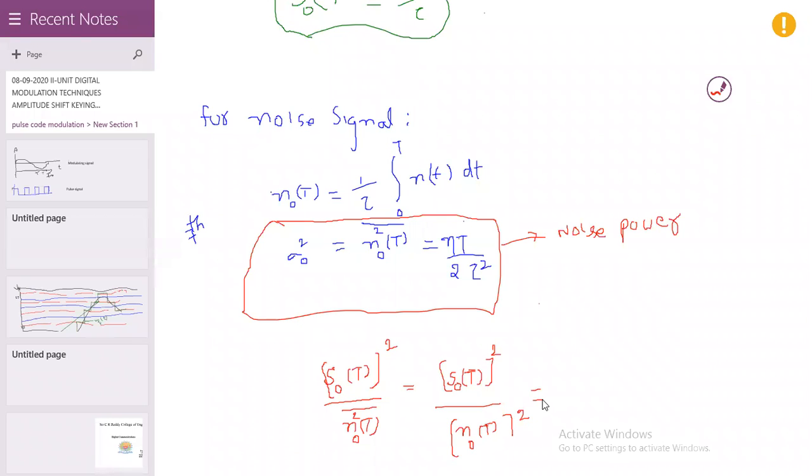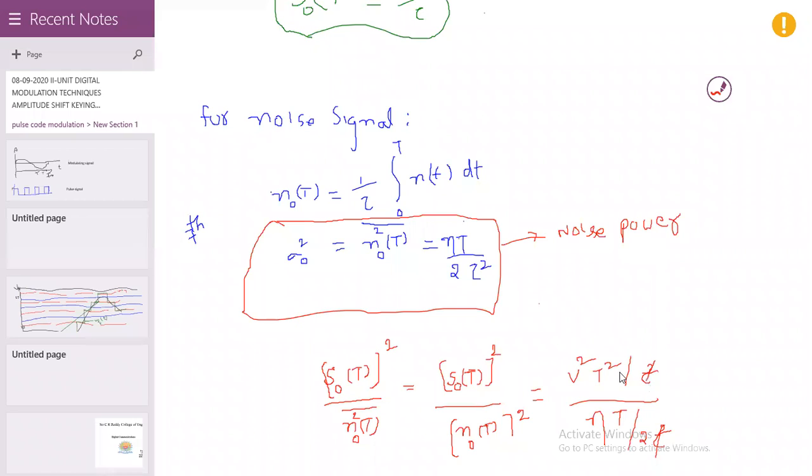So what is S naught of t? That is Vt by tau only. Here that is V square t square by tau square divided by eta t by 2 tau square.